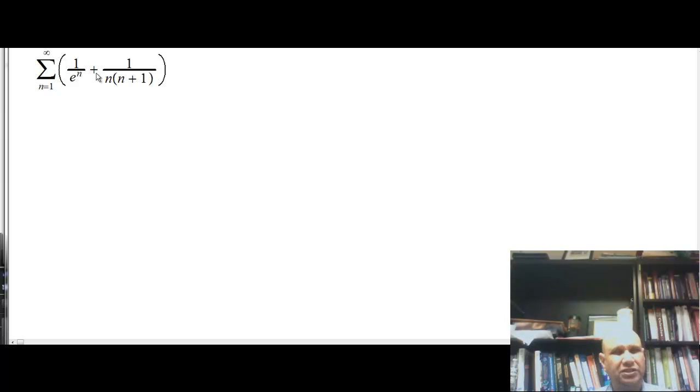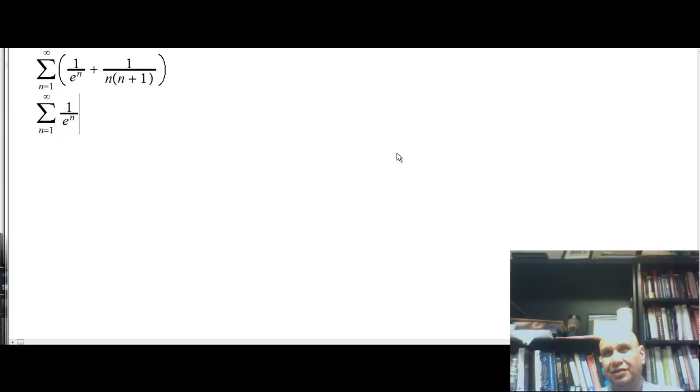Now notice this. If you look at this portion here, does this look familiar to something? It's 1 over e plus 1 over e squared plus 1 over e cubed, etc. So what kind of series is that?